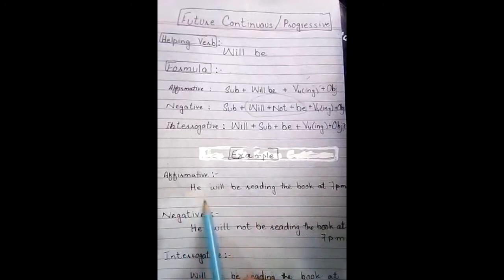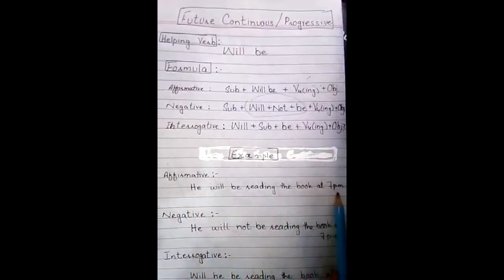In affirmative: he will be reading the book at 7 p.m. Negative: he will not be reading the book at 7 p.m., where I have split the helping verb. Interrogative: will he be reading the book at 7 p.m.? Again I have split the helping verb.